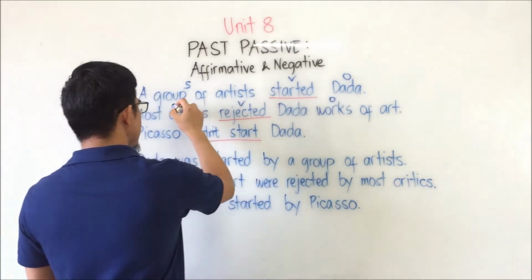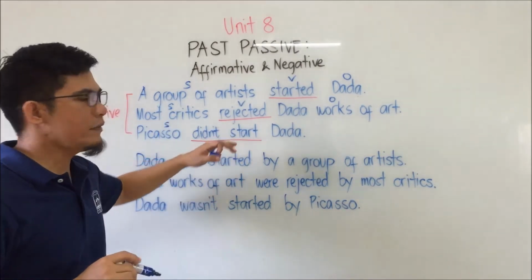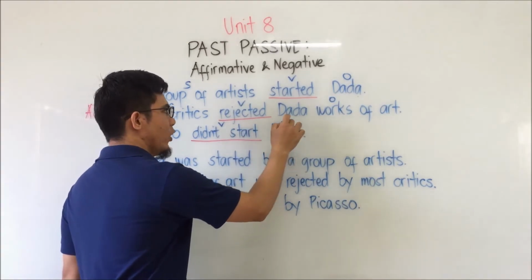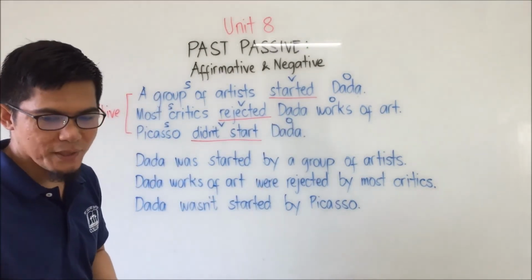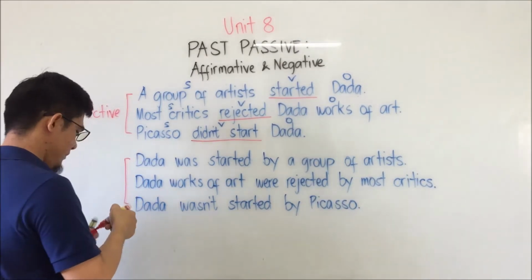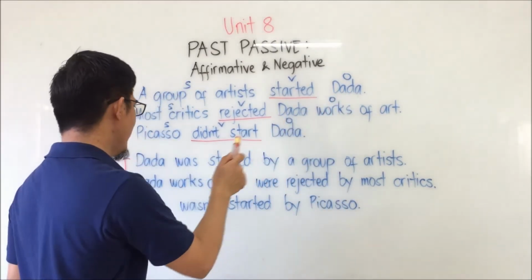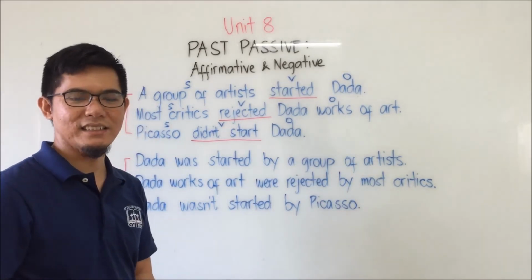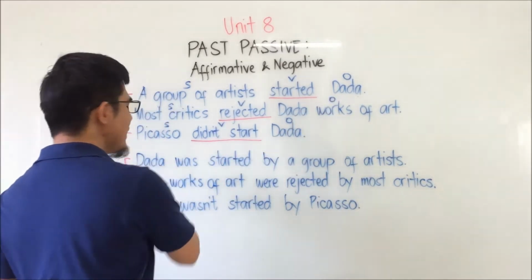Picasso is the subject. The verb is in negative, but still this is the verb, and then the object of the sentence. When we talk about passive, the object now becomes the subject.